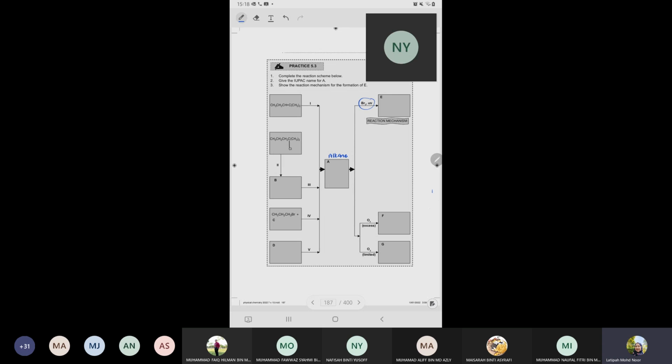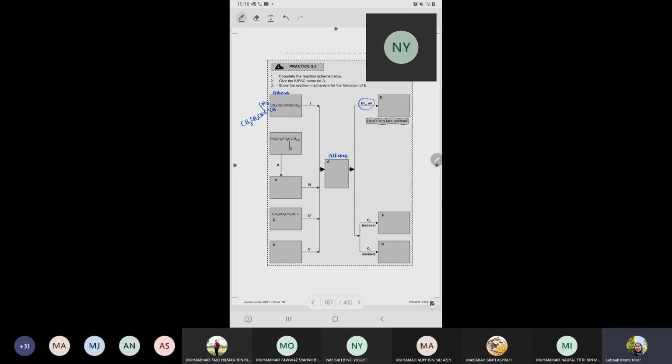So right here we have alkene with double bond. We can redraw the structure like this: CH3, CH2, CH double bond C, CH3, and then another CH3.